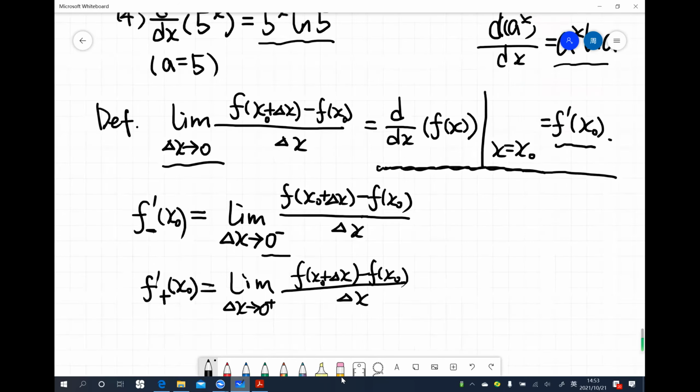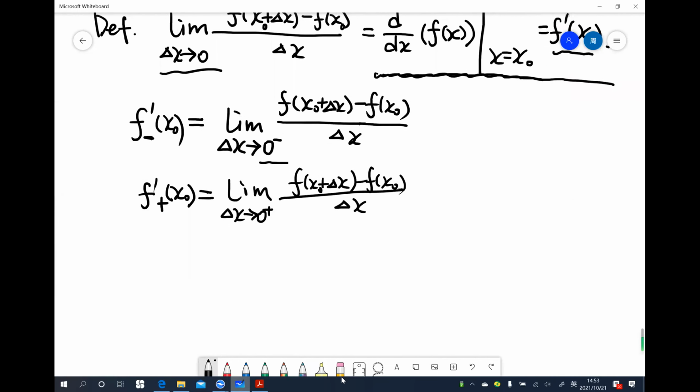So now we know if we say a function is differentiable at a point, that means the derivative at this point exists. That means the left-hand derivative exists and the right-hand derivative exists, and they have the same value.